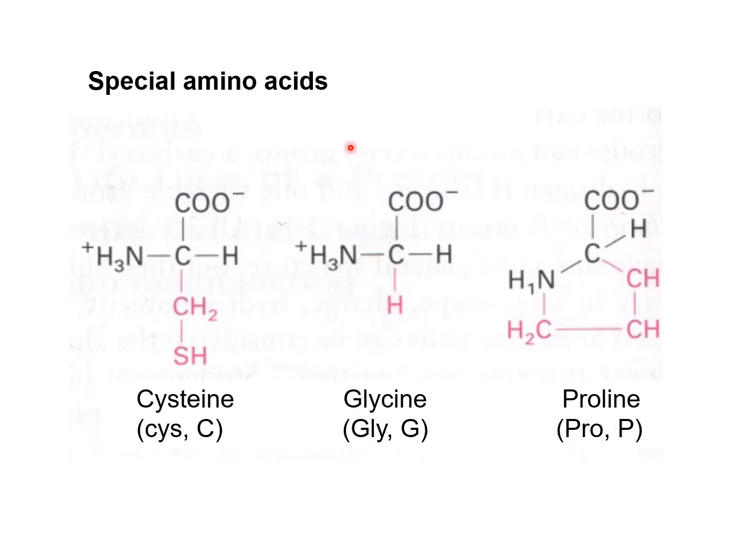And these are special amino acids: the cysteine that makes the disulfide bond with another cysteine, glycine, the smallest amino acid that does not have chirality, and proline that has a rigid structure.